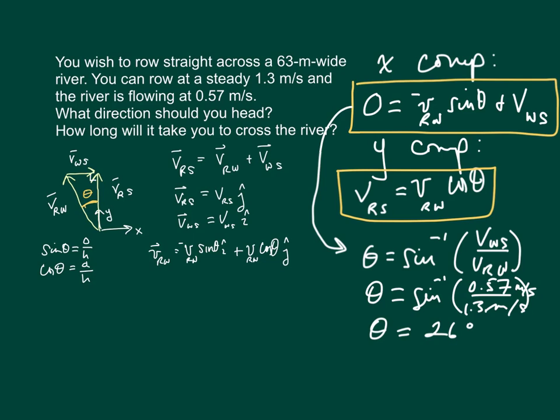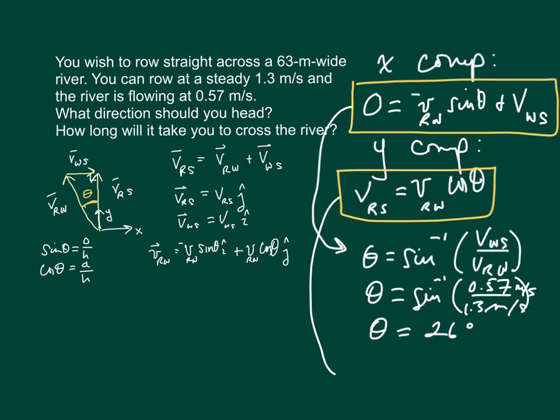Now, knowing that theta is 26, we can plug that into this equation, knowing that the velocity of the rower with respect to the water is 1.3 meters per second, and we can get the velocity of the rower with respect to the shore. So let's do that next.